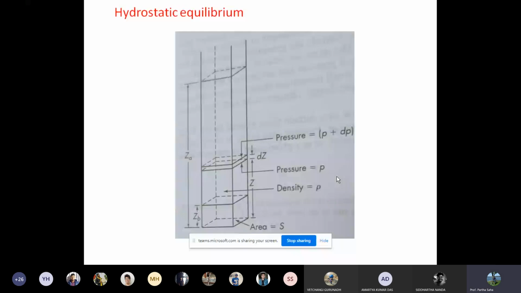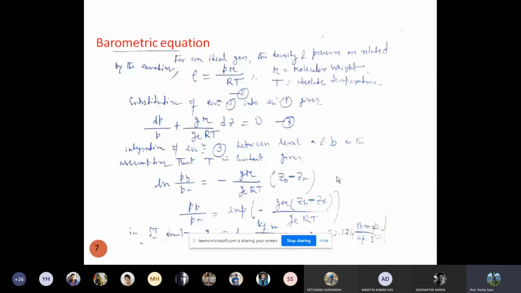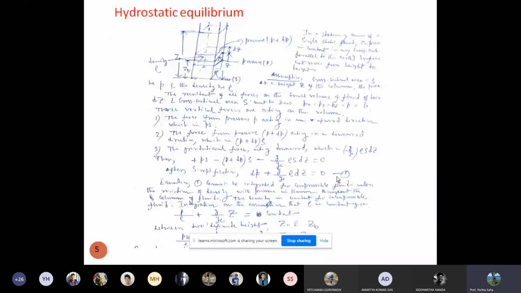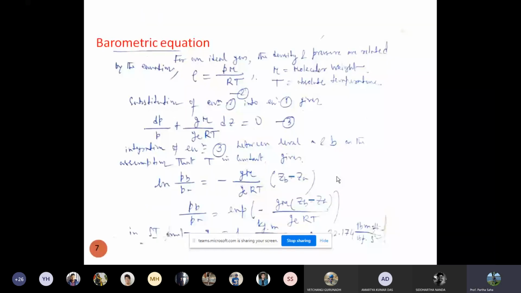Next is the barometric equation. We have already determined the expression dP plus G by GC rho dz equal to 0, equation 1, and we are going to use it to derive the barometric equation. For an ideal gas, density and pressure are related by rho equal to PM by RT, where M is the molecular weight and T is the absolute temperature.